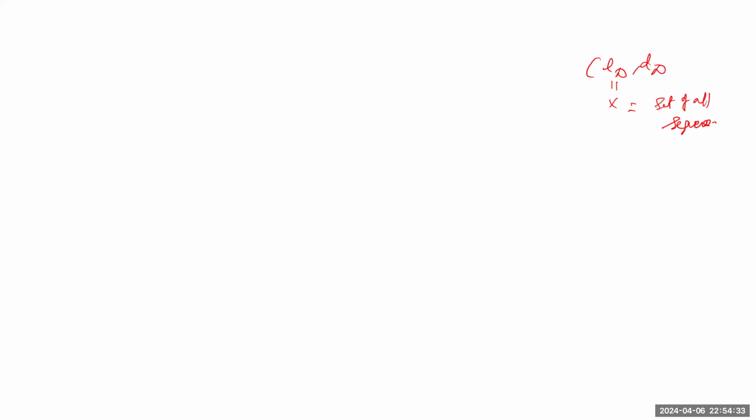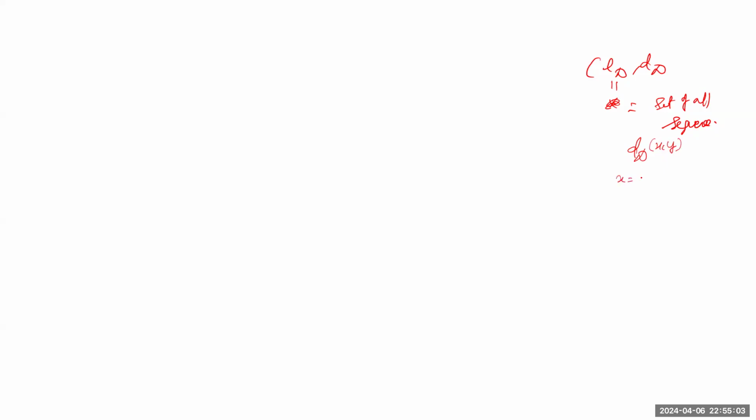Set of all sequences. That is L infinity, the set of all sequences, right? And what is the D infinity? We know that that is our supremum. That is D infinity of x comma y.